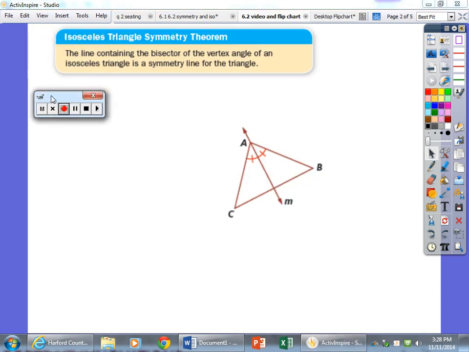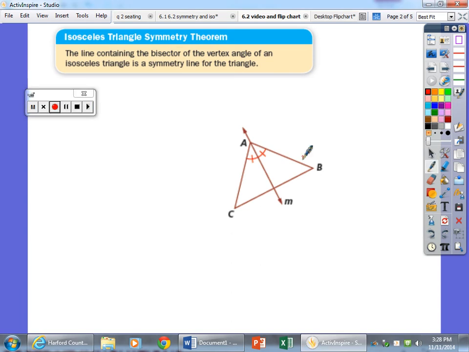Okay, the first theorem in this section is the isosceles triangle symmetry theorem. Right here I have an isosceles triangle, and this side is congruent to this side. This is the vertex angle. It says the line containing the bisector of the vertex angle is also the symmetry line of the triangle.